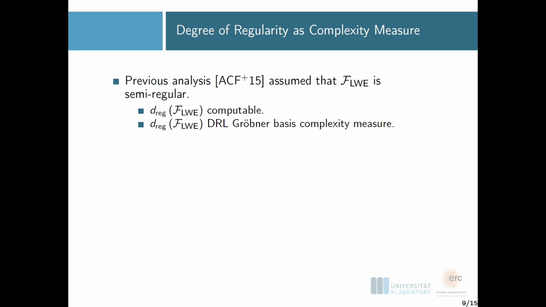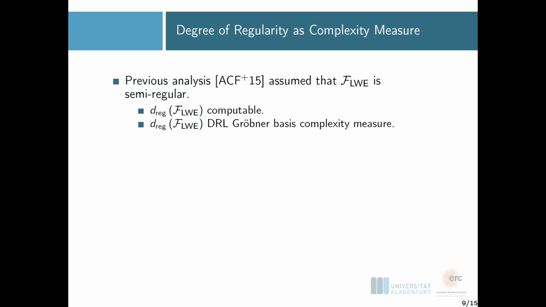And while this property is very intuitive, it didn't show up in the proven complexity estimates. So to bridge this gap, we might have the impression: more polynomials, lower degree of regularity. Is the degree of regularity at all a complexity measure of LWE polynomial systems if we drop this semi-regularity assumption?